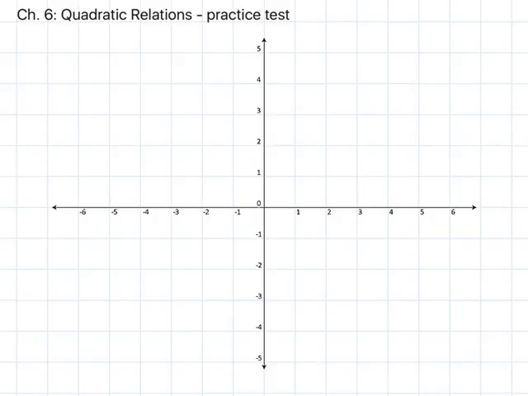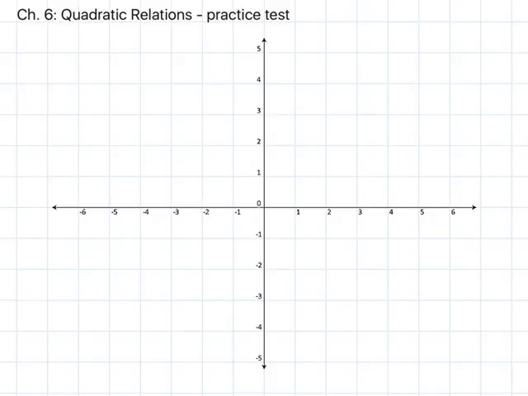Okay, so for question 4, a quarterback passes the football. The equation is h equals negative 0.01 d squared plus 0.4 d plus 10, which represents the path of the ball, where h is the height of the ball in meters and d is the horizontal distance in meters that the ball travels. Using a graphing calculator, graph the ball.